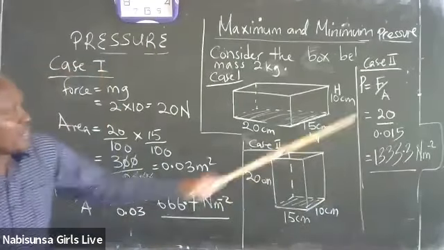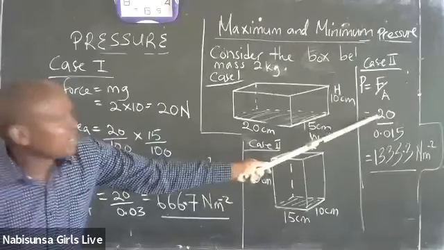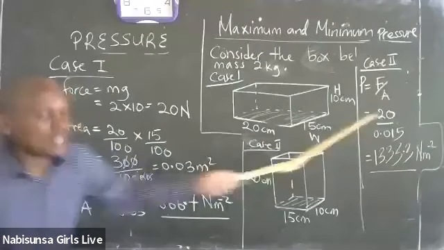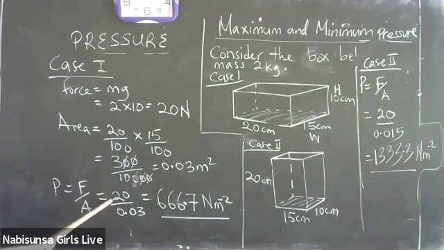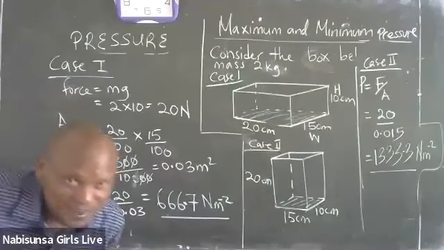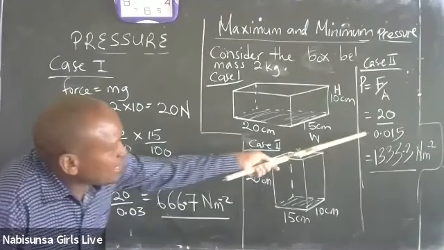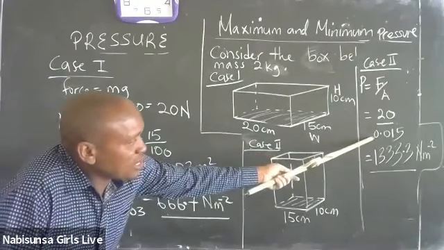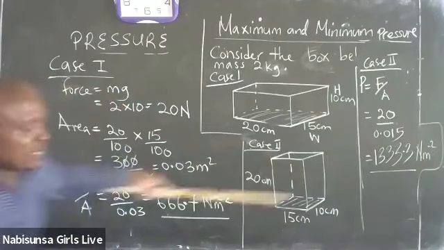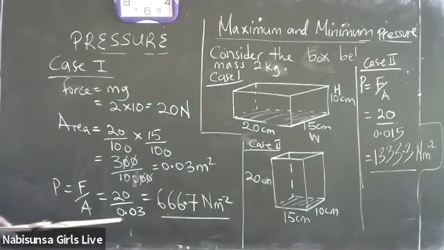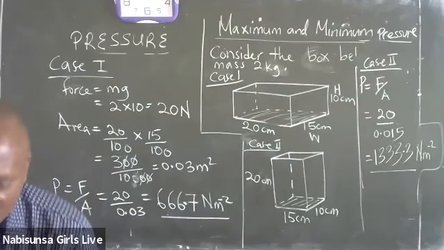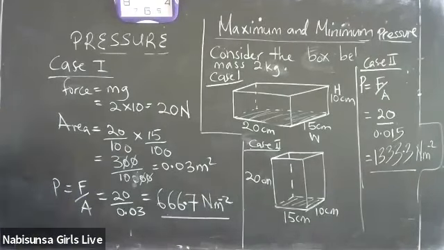If you look at the force, the force is 20. Even here, the force is 20. So the force is the same. But what has caused the difference? The difference is in the area. This area is 0.015, but this area was 0.03. Which of the two areas is greater? 0.03.